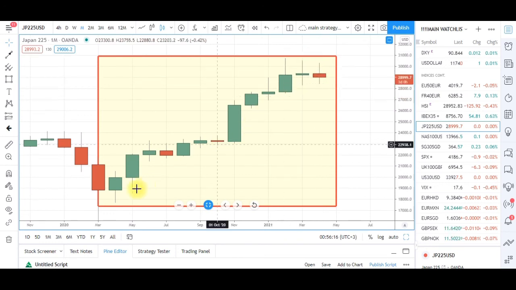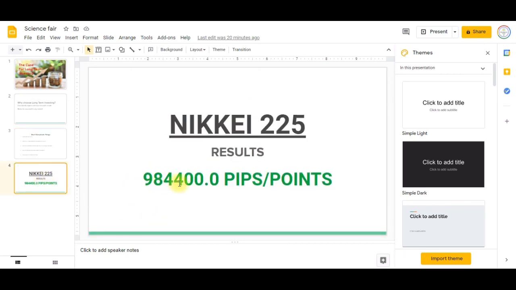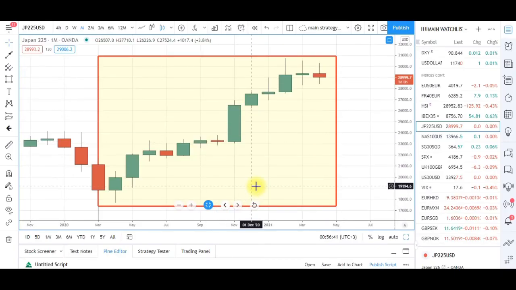But let's look back and see what happened, and how our strategy was able to successfully know what to do and produce the amount of points, I think it was 98,000, I'm sorry, 984,000 points, with this particular asset. Let's also get an arrow so we can get a visual from a points perspective.